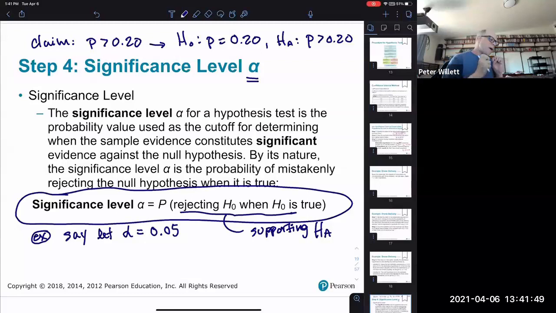That's the idea. That's my introduction to the idea of a significance level. And here's the conclusion that you will use to draw your evidence statement.